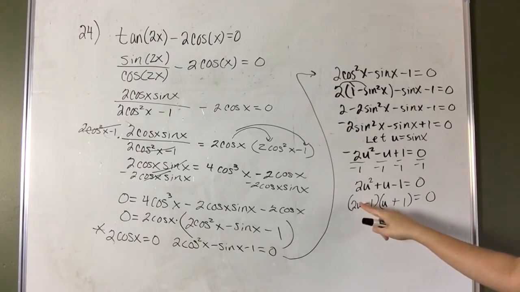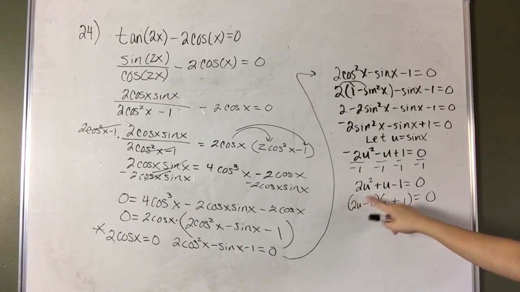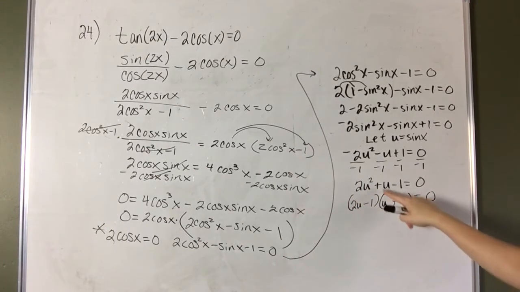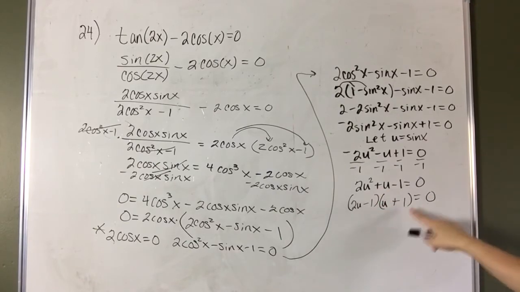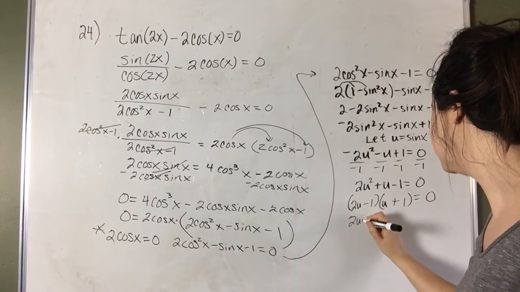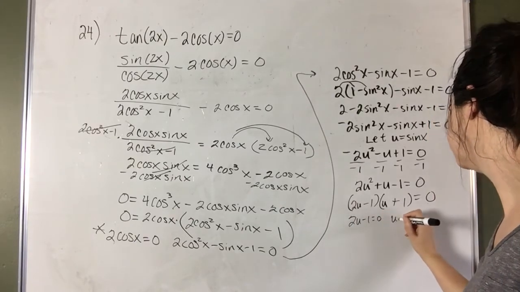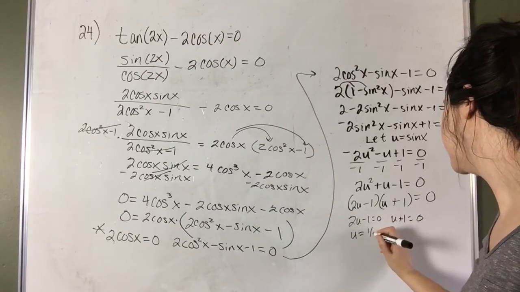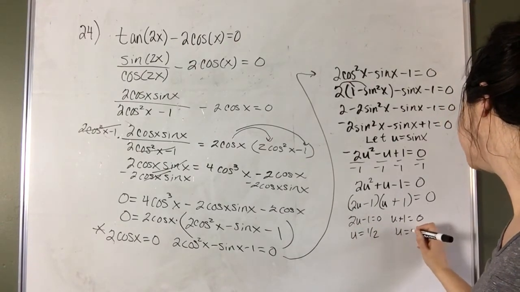So that way if you were to multiply it out, you would get 2u squared plus 2u minus 1u. That makes that minus 1. So it works. So we end up with 2u minus 1 equals 0 or u plus 1 equals 0. So here u would have to equal 1/2, and over here u would have to equal negative 1.